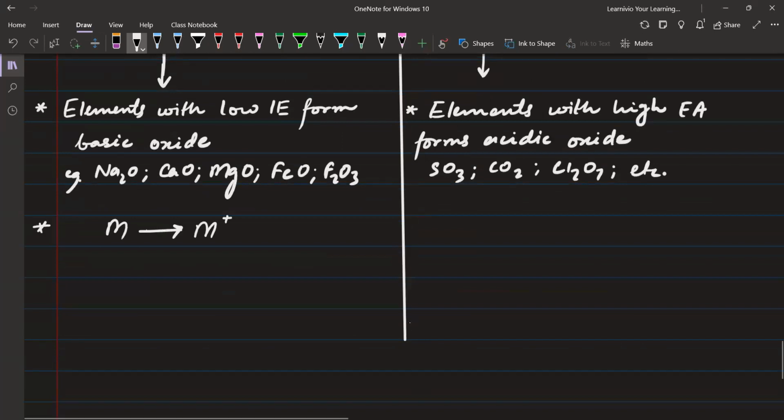Have you guys learned about loss of electron, gain of electron, reduction, oxidation in those terms? Gain of electron is reduction, loss of electron is oxidation. Have you just learned this? Okay, fine, for now just write it down.